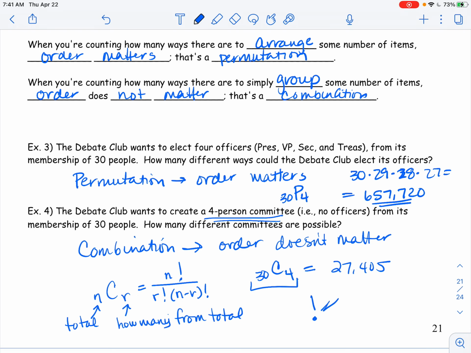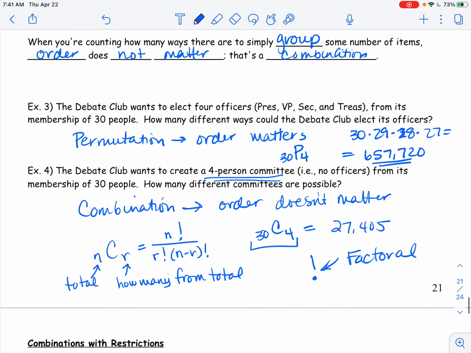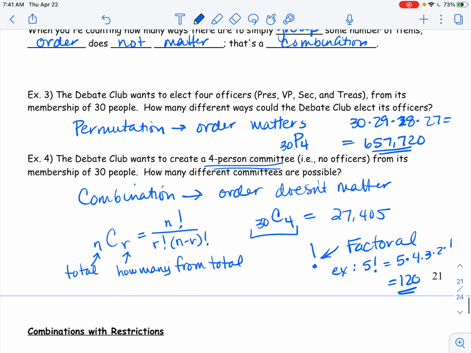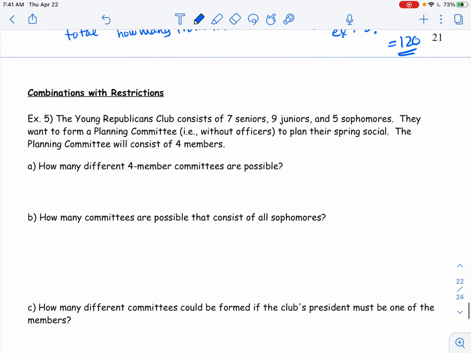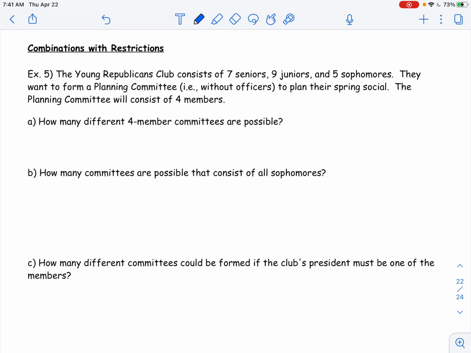So for example, you have a factorial button on your calculator, but if I wanted to find 5 factorial, that would be equal to 5 times 4 times 3 times 2 times 1. And if we put that in the calculator, 5 times 4 is 20, times 3 is 60, times 2. This would be 120. But we'll just use the calculator and do the combination and permutation shortcut.